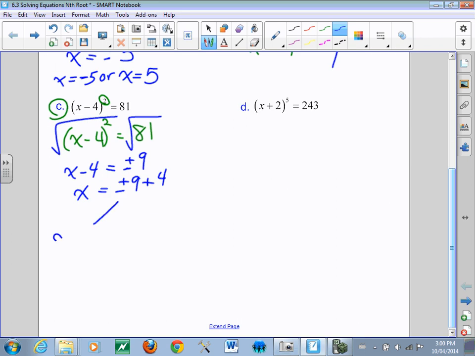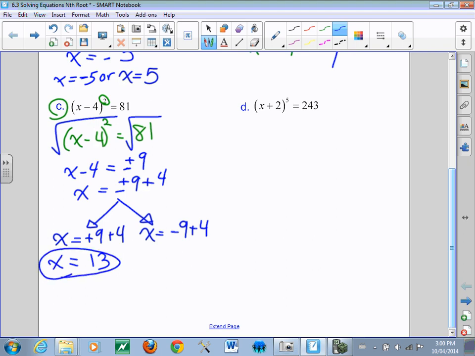So x equals positive 9 plus 4, or x equals negative 9 plus 4. If you have the positive 9 plus 4, you're going to have an answer of 13, which is one answer. And the second answer is going to be negative 5. So there's two solutions there.